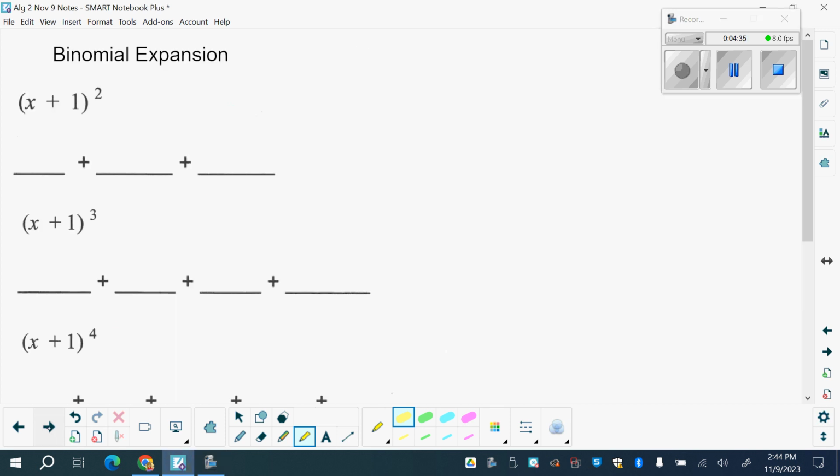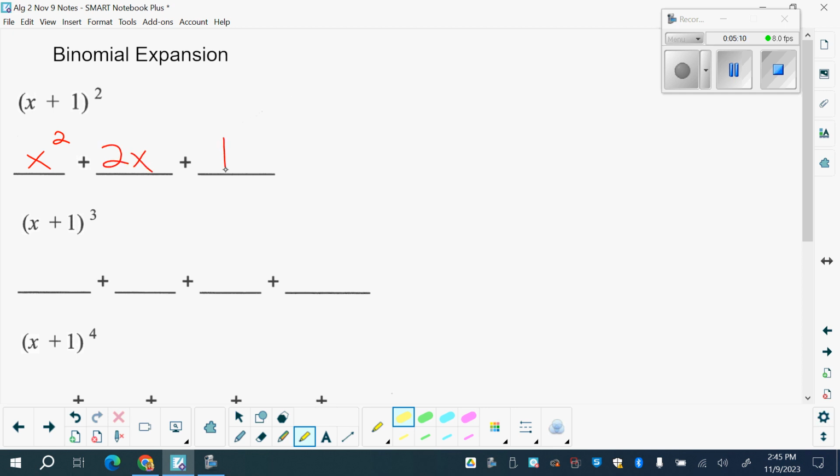Okay, so once again, binomial expansion. Binomial means how many terms? 2. So we are taking x plus 1 squared. Anybody know what x plus 1 squared equals? Eventually, x squared plus 2x plus 1.